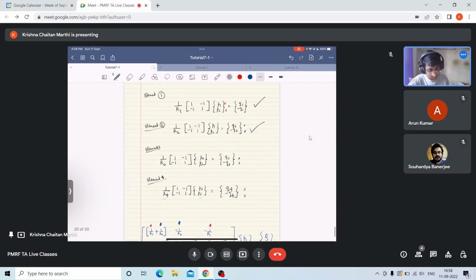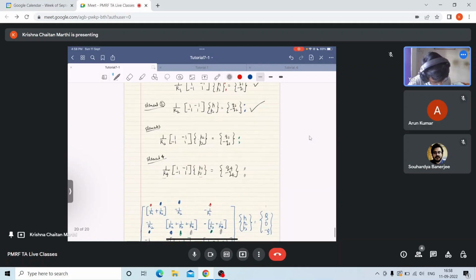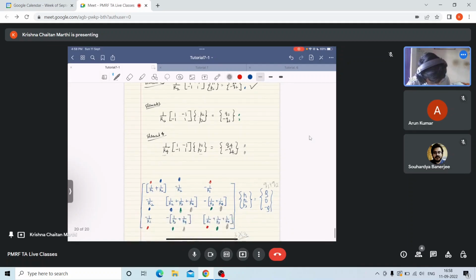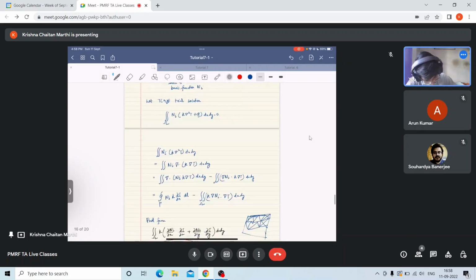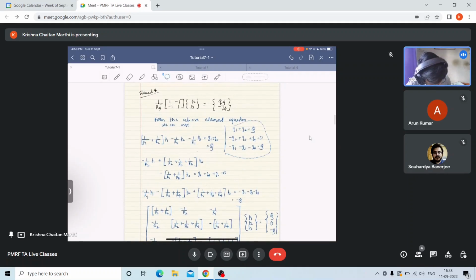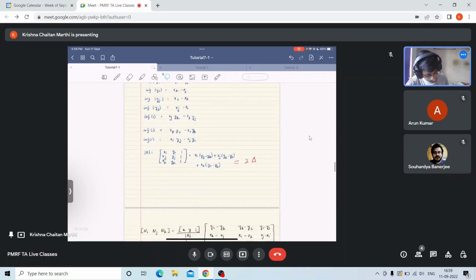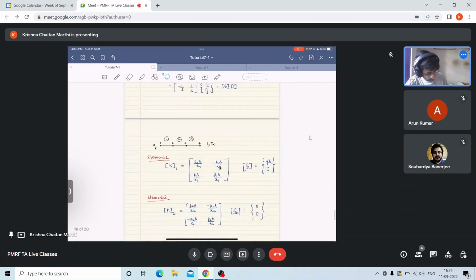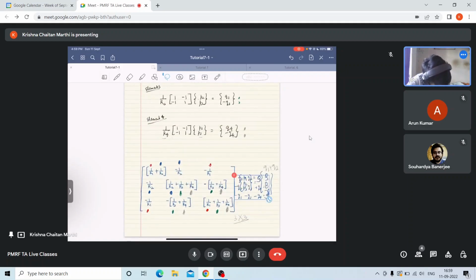The right hand side: the first one was q1 plus q2, and this one was minus q2 plus q3 plus q4, and this one was minus q1 minus q3 minus q4.